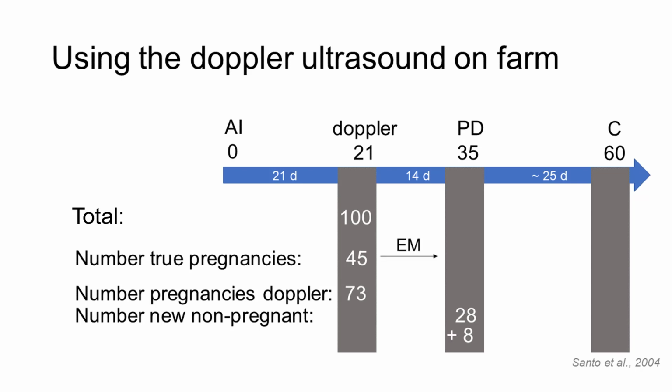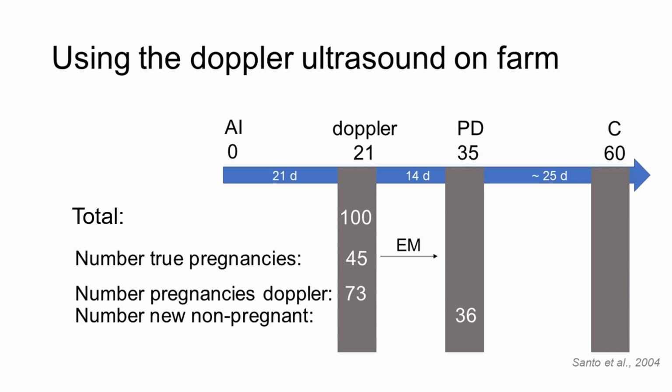Moreover, there is usually approximately 15 to 20% of embryonic mortality between 21 and 35 days post-insemination, which could add up to 8 non-pregnant cows to the count. Therefore, the pregnancy diagnosis at day 35 post-insemination allows the identification of 36 non-pregnant cows for which you can take action to ensure they will be re-inseminated quickly.